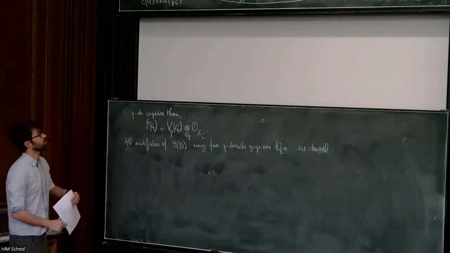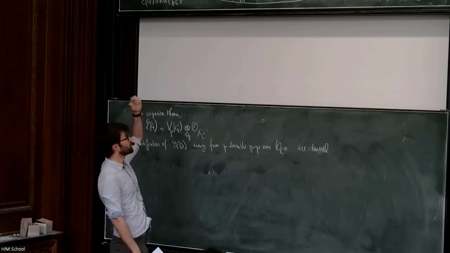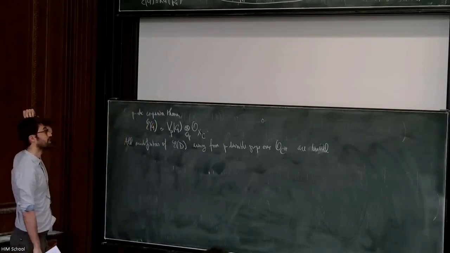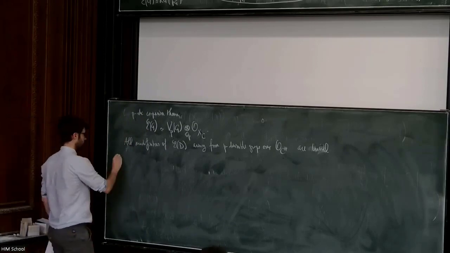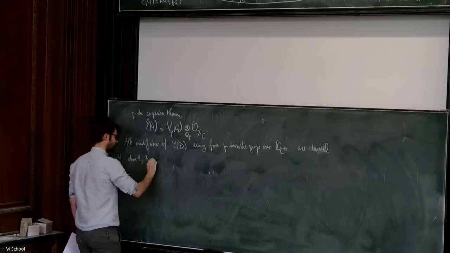But how many ways do you have to modify, to do a degree? Well, let's say, for example, you now take H to be of dimension 1 and height n.